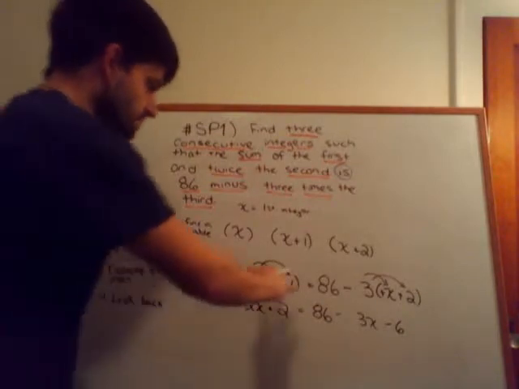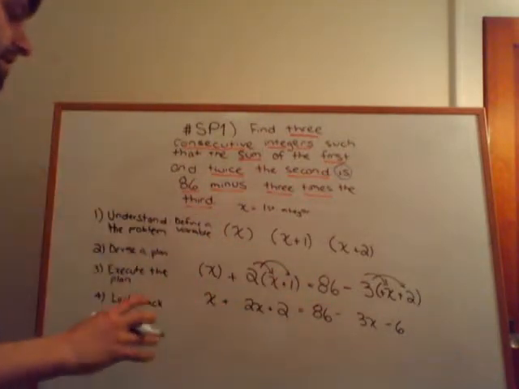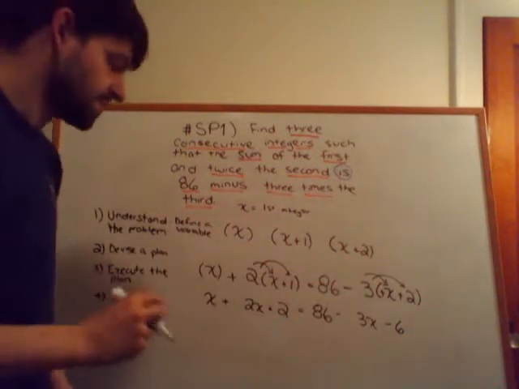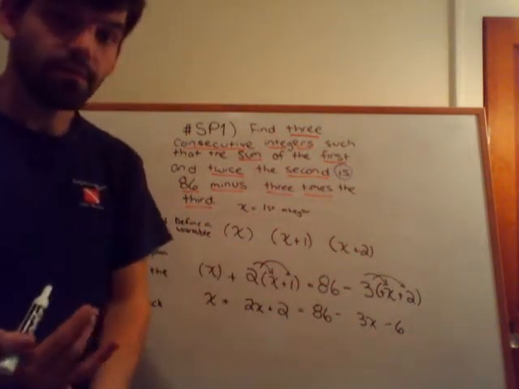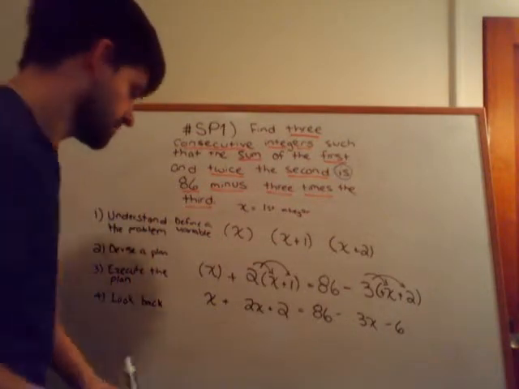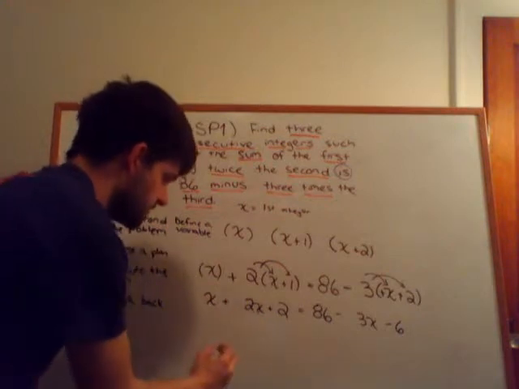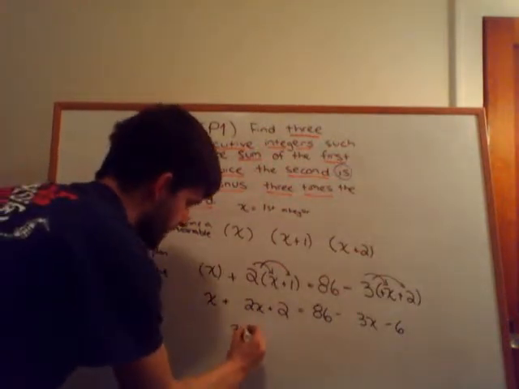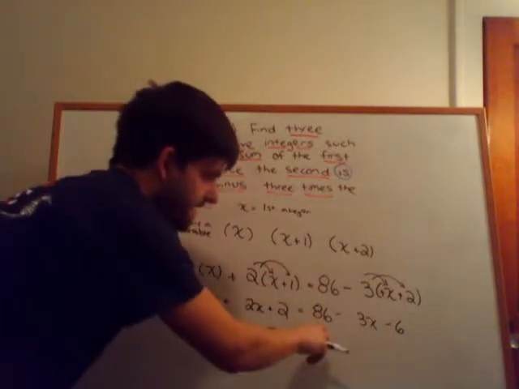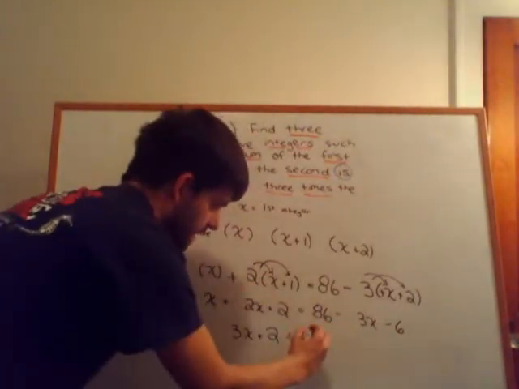Okay? Now let's go ahead and put our like terms together. Remember, like terms have the same variables, and those variables are to the same powers. Constants are also like terms. So we have x plus 2x. That's a like term. So we have 3x plus 2 is equal to 86 minus 6 is a like term.